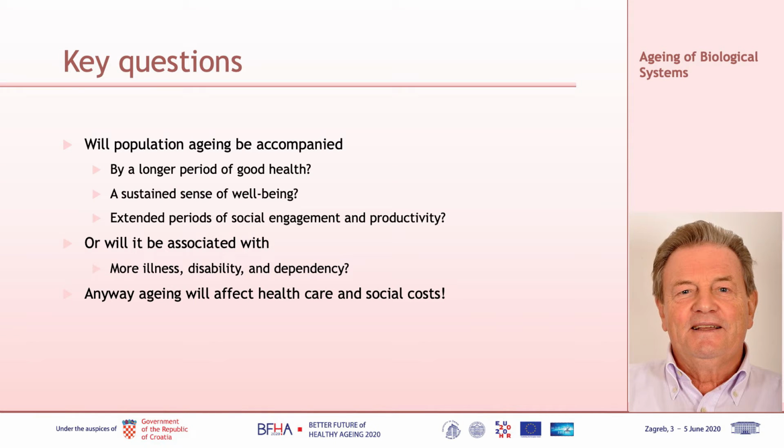Key questions are, will population aging be accompanied by a longer period of good health, a sustained sense of well-being, and extended periods of social engagement and productivity? Or will the aging be associated with more illnesses, disabilities, and dependencies? Anyway, aging will affect healthcare and social costs, and this worldwide.